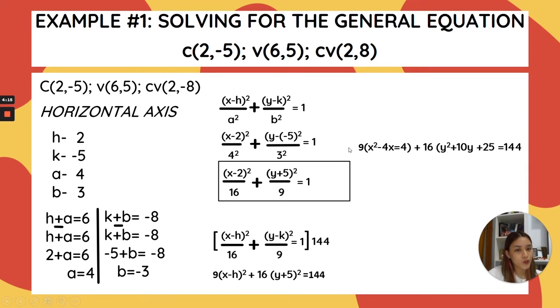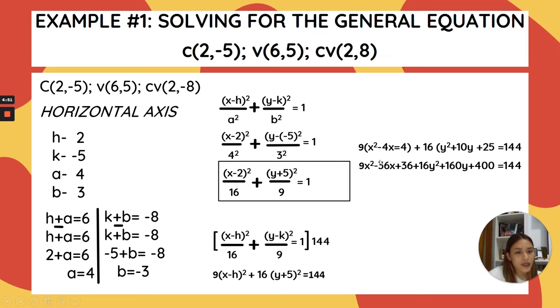We will have 9 times x squared minus 4x plus 4, plus 16 times y squared plus 10y plus 25, equals 144. And then what we need to do next is to distribute 9 and 16. So we will have 9x squared minus 36x plus 36 plus 16y squared plus 160y plus 400, since 16 times 25 is 400, equals 144.